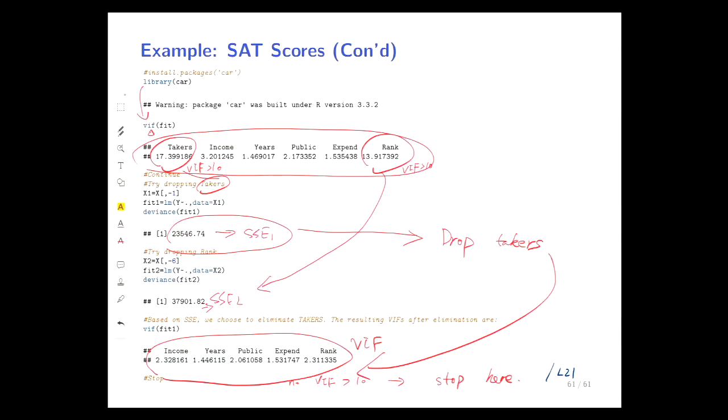So in order to find the multicollinearity problem, firstly, we need to install this package, which is called CAR, C-A-R. And after you install this package, what you can do here is just to use this library function to load this package, and then use the function VIF. VIF just means variance inflation factor in this case.